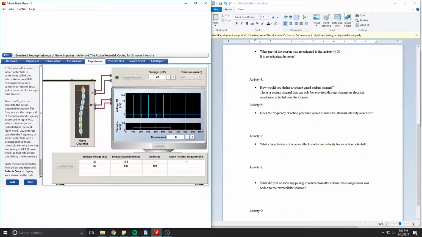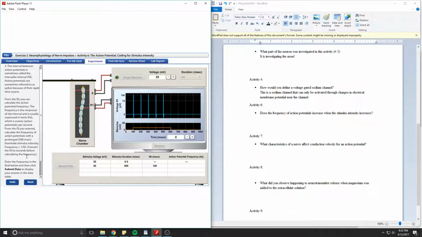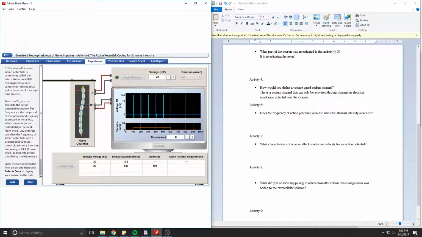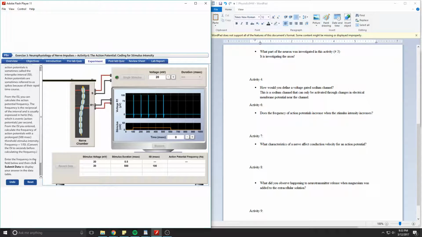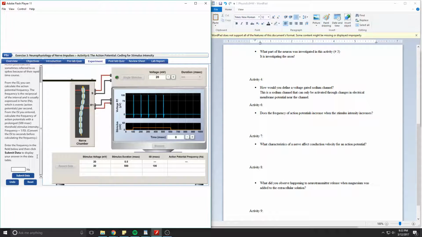From the ISI you entered, calculate the frequency of action potentials with a prolonged threshold stimulus. So frequency equals 1 over ISI. Convert to seconds before calculating frequency. It's 1 over 100, right?